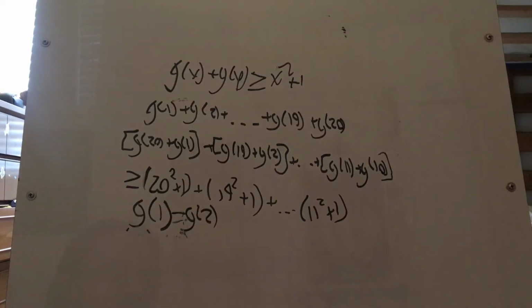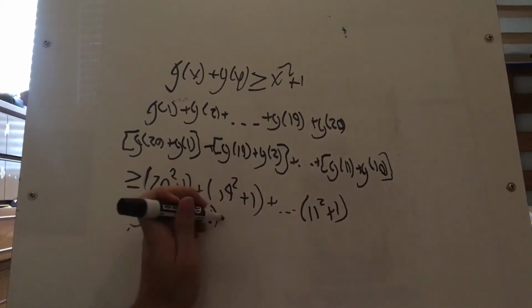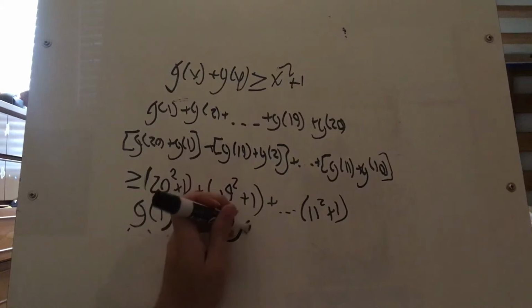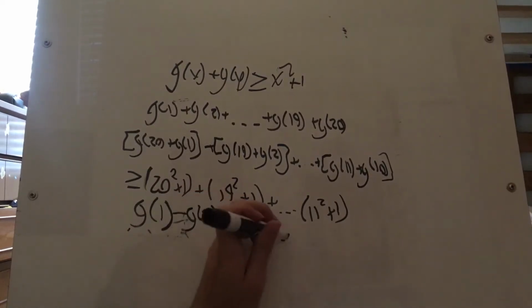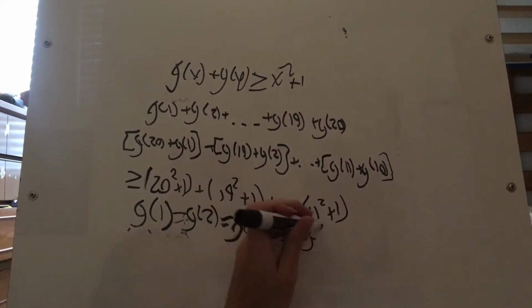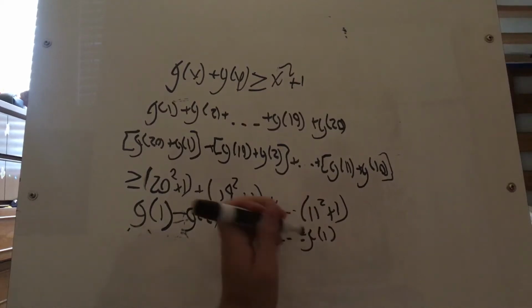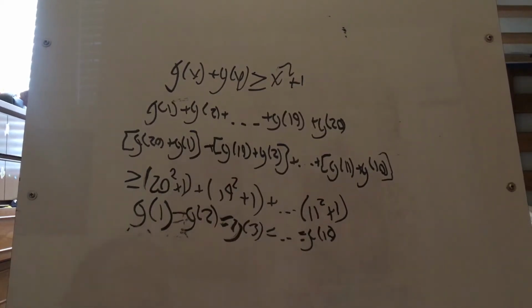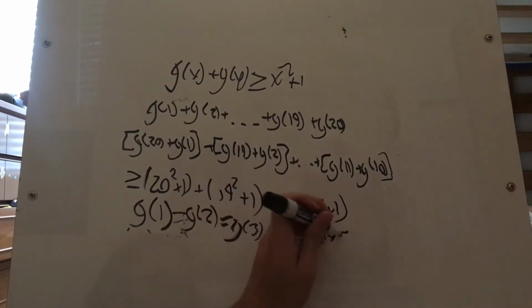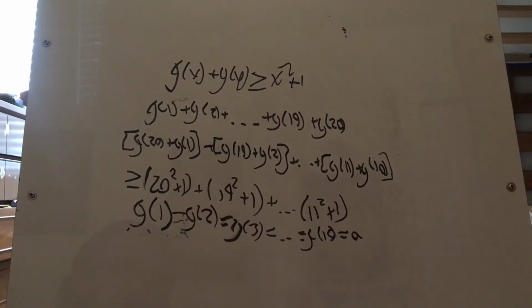If g of 1 is less than g of 3, then g of 18 plus g of 1 is less than 18 squared plus 1. So that works for g of 3, g of 4, g of 5, g of 6, all the way up to g of 10. So these values are all equal, and we're going to call this A.